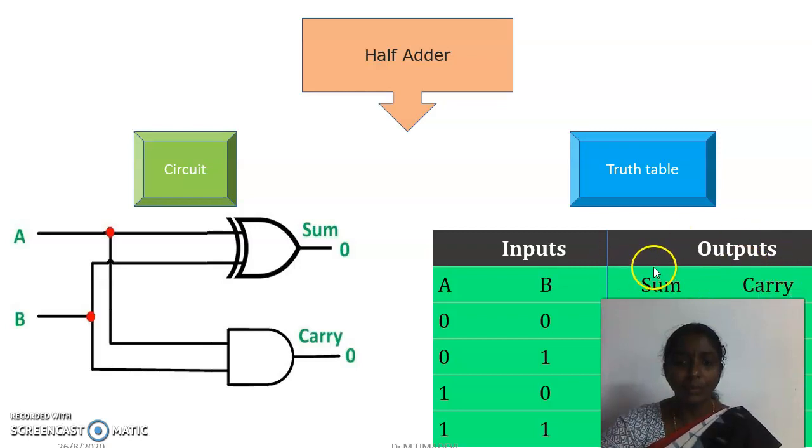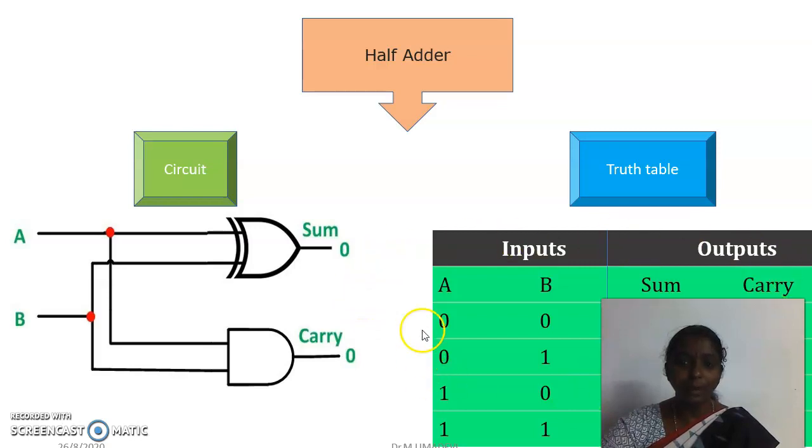As I told you, sum we can obtain from exclusive OR gate and carry we can obtain from AND gate. So 0, 0: sum 0, carry 0. 0, 1: sum 1, carry 0. 1, 0: sum 1, carry 0. 1, 1: sum 0, carry 1.